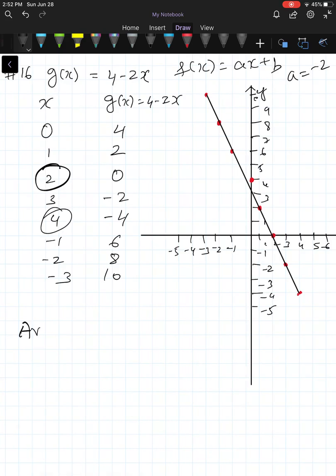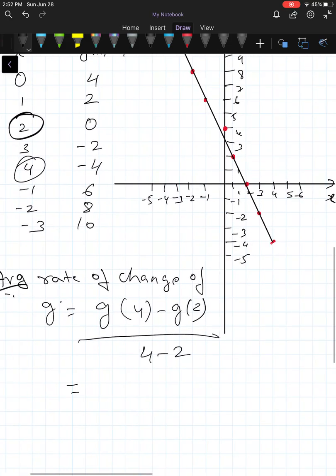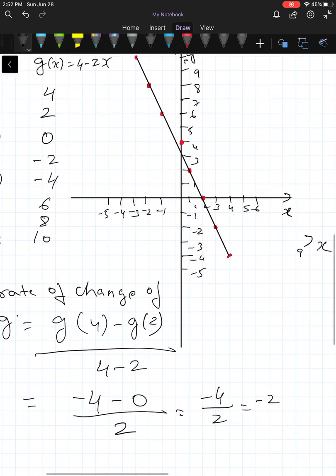That is g of 4 minus g of 2 divided by 4 minus 2. So g of 4 is negative 4, g of 2 is 0, so negative 4 over 2 is negative 2.